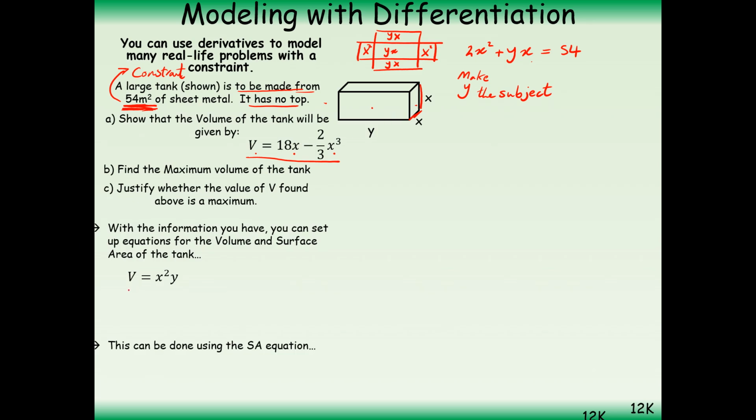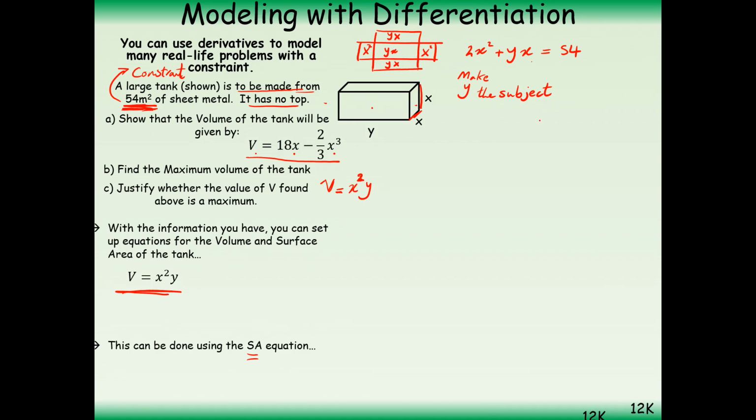The volume of a cuboid is all three dimensions multiplied with each other. So x squared y is the volume. This is our original definition of volume. We're using the surface area, or the net of the shape, to make y the subject. Alright, so let's get to that.